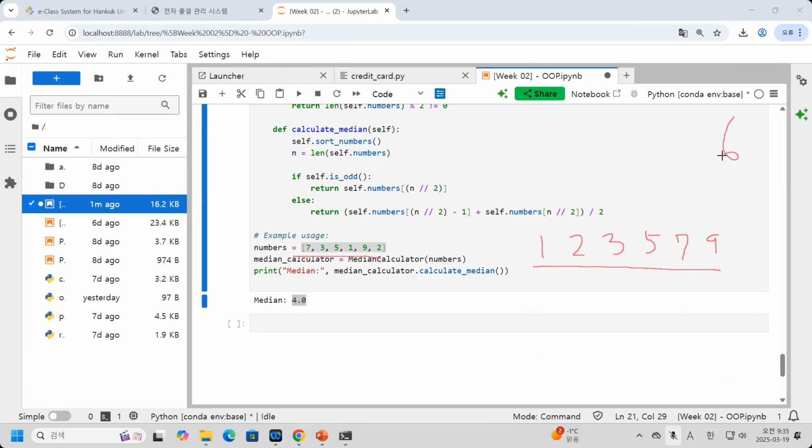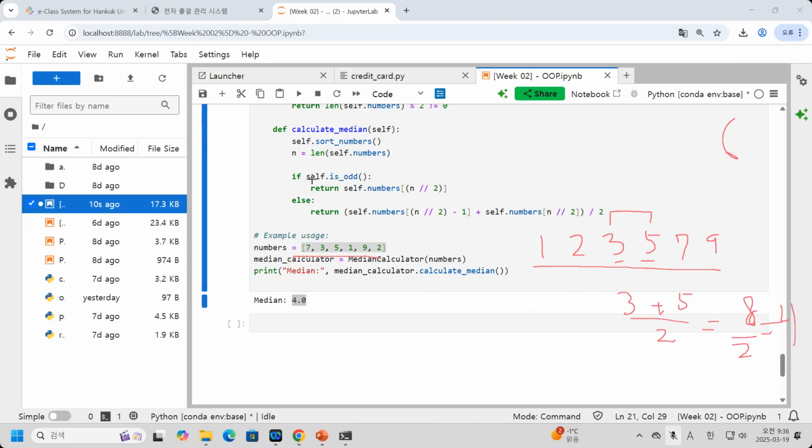Yeah, 6. Okay, so this is an even number. Because it is an even number, the median will be from 3 and 5. So it will be 3 plus 5 divided by 2, then 8 divided by 2, and the result will be 4.